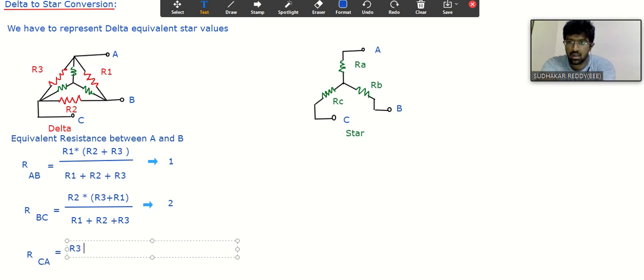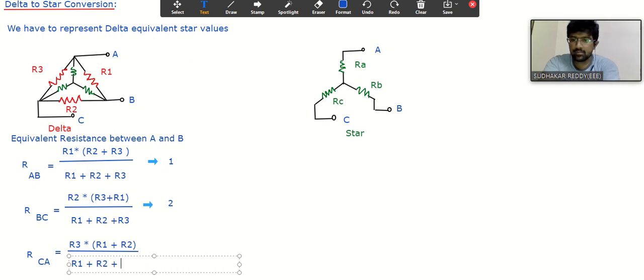I can write R3 into R1 plus R2 divided by, again the same way, R1 plus R2 plus R3. And consider this equation as number 3.